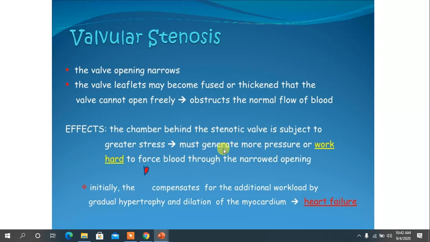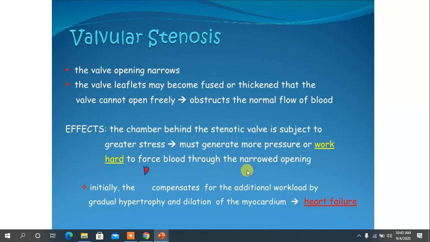It must generate pressure and work hard to force the blood through the narrowed opening. Initially there is compensation for the additional workload, but gradually hypertrophy and dilatation of the myocardium will occur, and that will lead to heart failure. So this is stenosis.